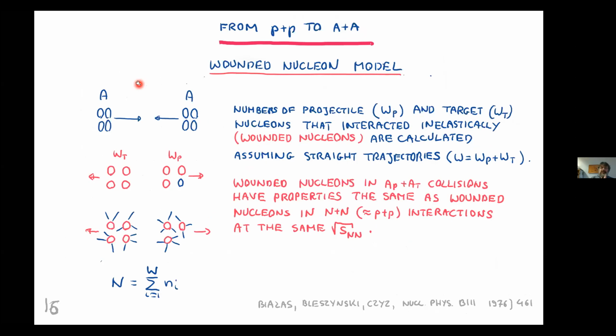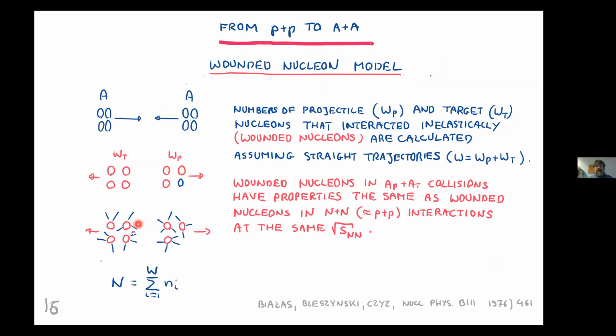Here the model which we typically use is the so-called wounded nucleon model, right? Or its variations, and so on. The main properties of this model are reflected there. So we collide two nuclei, then some of the nucleons, the red ones, interact inelastically. We call them wounded nucleons, and then they decay.